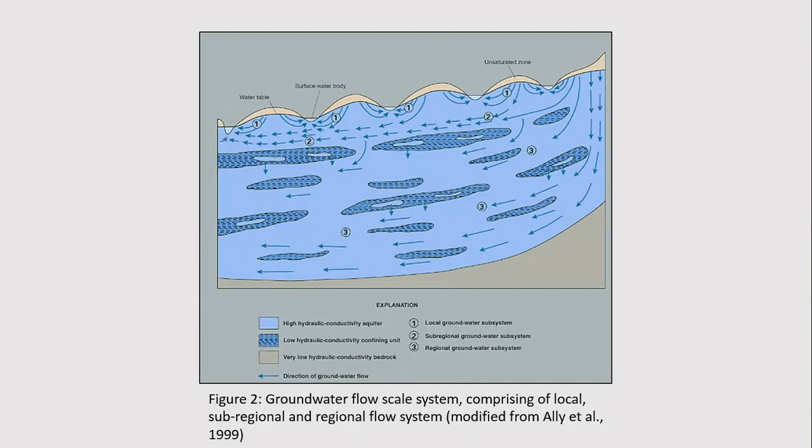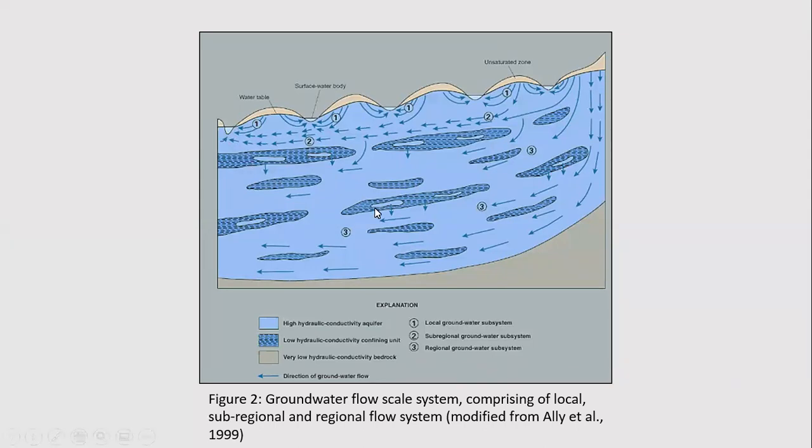And as well, we have a regional groundwater subsystem, which can also depend on the permeability of material. It moves along your confined aquifer, and the different varying aquifers, until it reaches your discharge point.